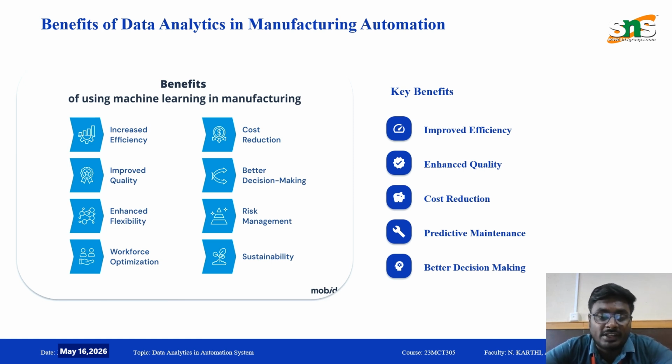Early detection of defects will be useful for enhancing the quality of the manufactured products, followed by lower maintenance and scrap cost, which will benefit economically. We fix problems before the breakdown occurs, which comes under predictive maintenance. And for better decision making, we collect real-time data at all levels of the organization. Companies adopting these practices typically see a 15 to 40% improvement across these metrics.